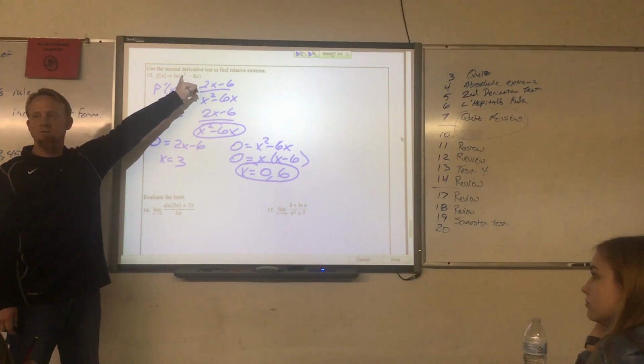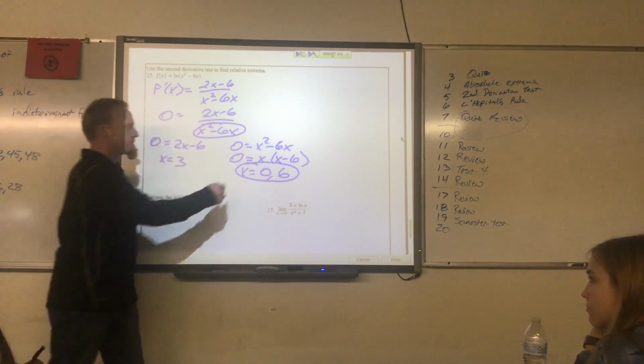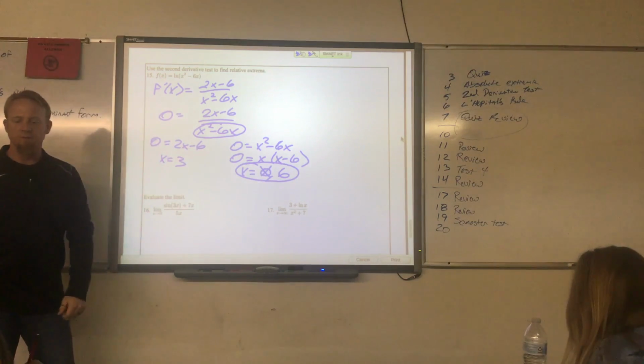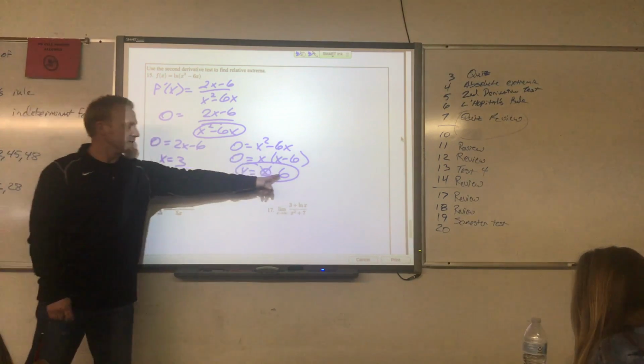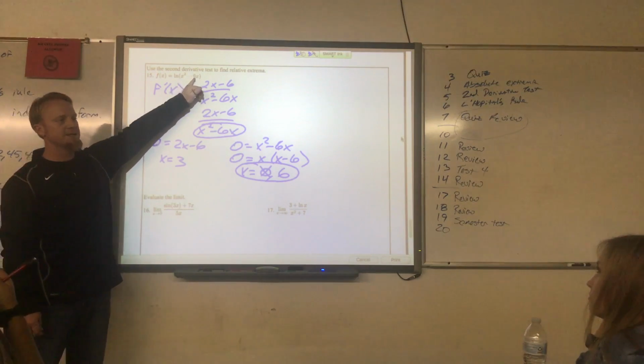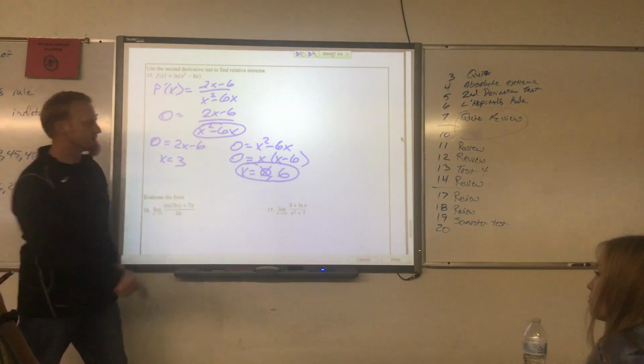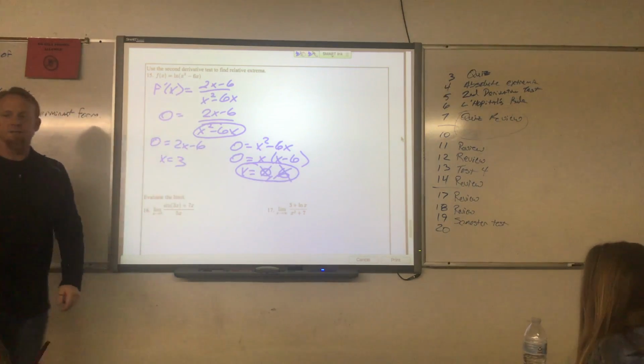Is there an issue with the natural log of 0? Yes, because I can only take the natural log of what? Positive values. So that means 0 is no good to me. Do the same thing with 6. Plug in 6. 6 squared is 36 minus 6 times 6, which is 36. 36 minus 36 is 0. So that one is no good.